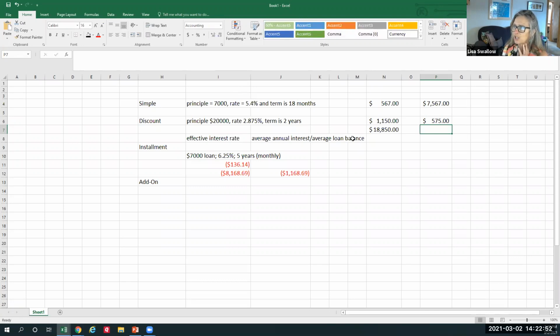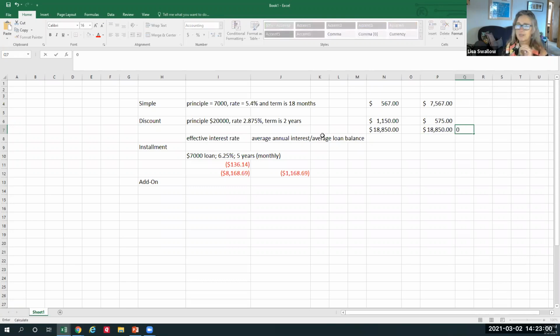What's my average loan balance? Well, I got 18,850, so that's that. Divide that out and tell me what my APR is. This is your average annual interest. This is your average loan balance. What is my, 3.0?